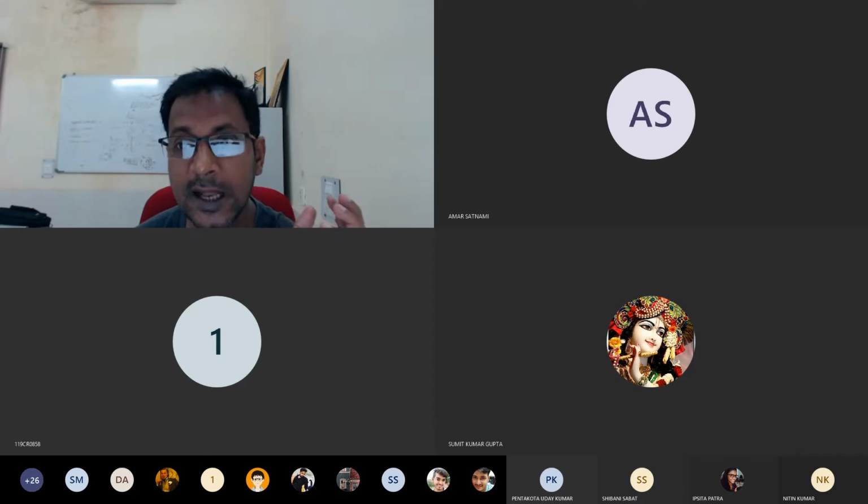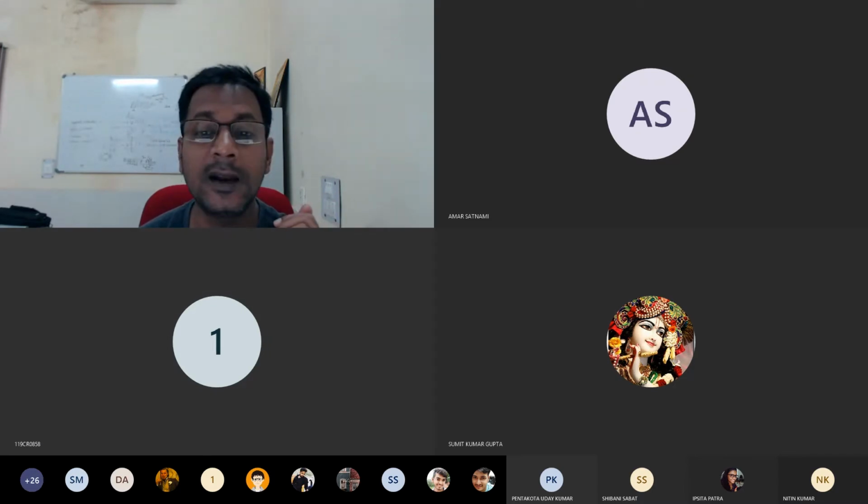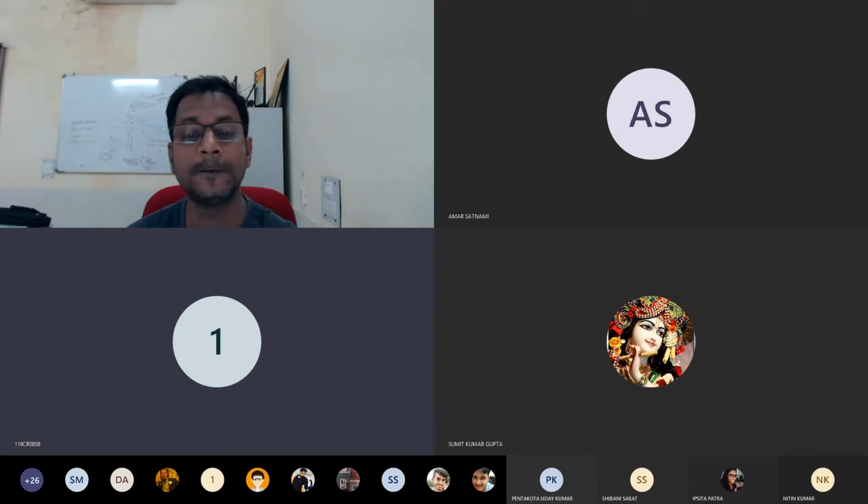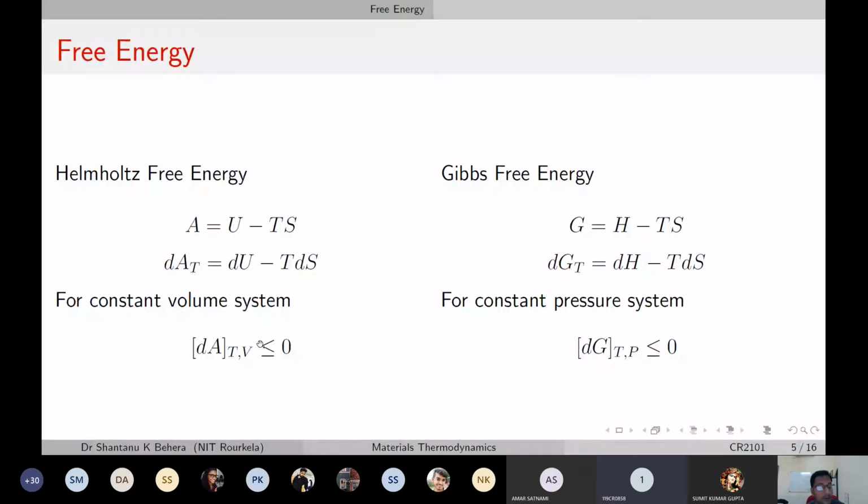So things like this are taken care of well with the incorporation of the idea of the Helmholtz free energy or the Gibbs free energy. Essentially, you don't have to worry about internal energy and entropy together or separately, where in a constant volume system, the Helmholtz free energy takes care of it in combination.